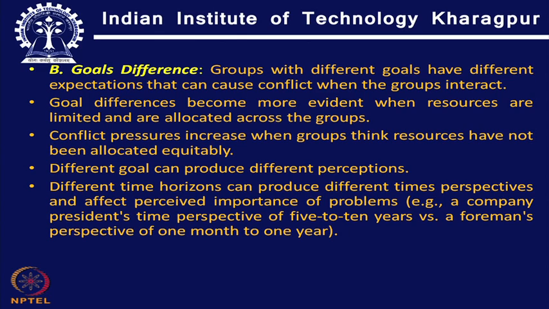Why? Because as the groups have two different goals, there could be different sets of expectations about what is to be done and how it is to be done, and that may cause conflict when the groups interact. So, goal differences become more evident when resources are limited in nature and are allocated to all the groups.